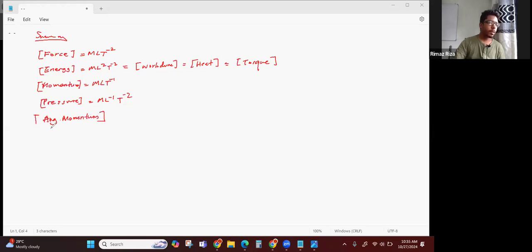Angular momentum has the dimension M L squared T minus 1, and that is the dimension of Planck's constant.